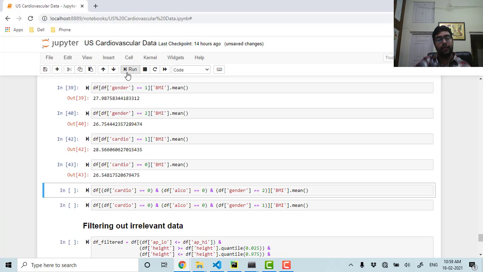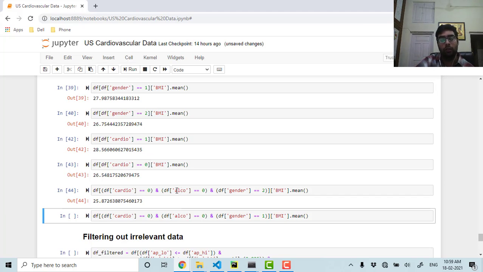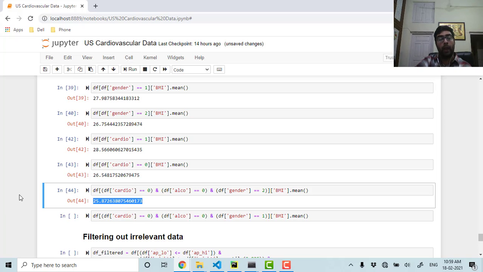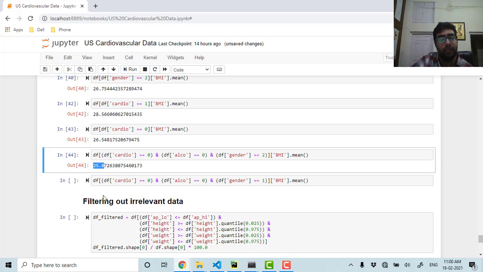Now let's see the people who do not intake alcohol and are not suffering from cardiovascular diseases, what is their BMI? So we can see that their BMI is better. It is around 25.8. So this is a good analysis for figuring out that if a person does not take alcohol and is a male, then the BMI is around 25.8, which is good.